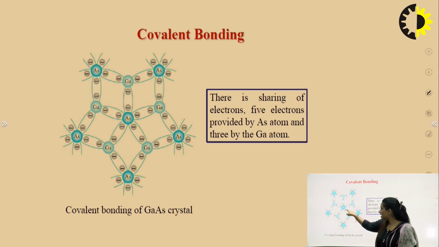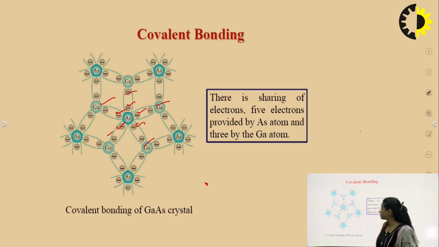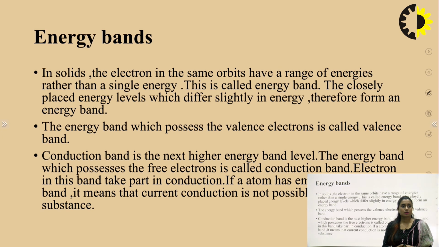We can see arsenic has these 1, 2, 3, 4, 5. These 5 electrons are shared by arsenic, whereas gallium is giving its 3 electrons in the outermost shell and it is completing the octet. There is sharing of electrons, 5 electrons provided by arsenic and 3 by the gallium atom, and the outermost octet is complete.